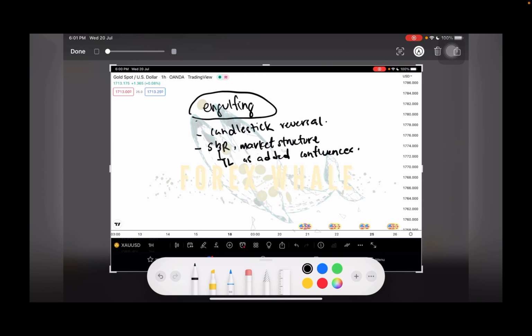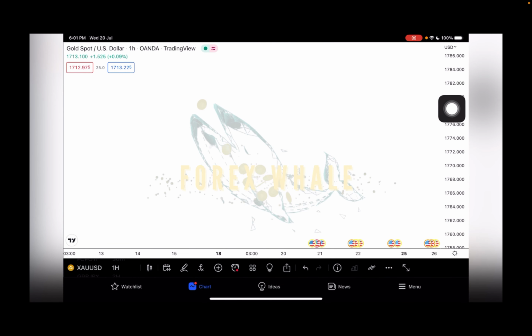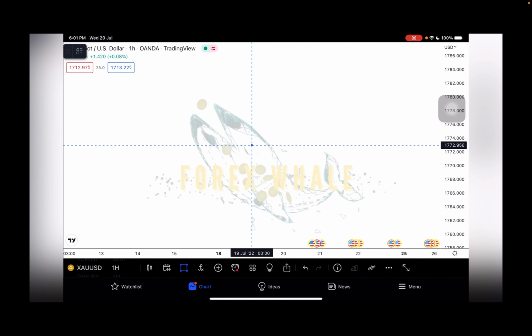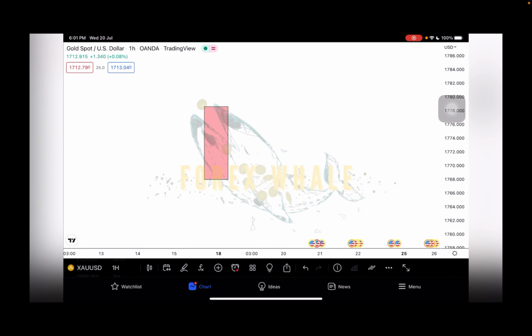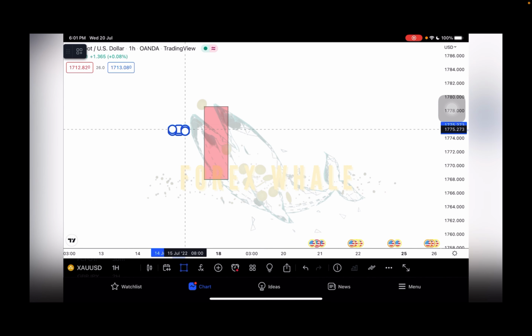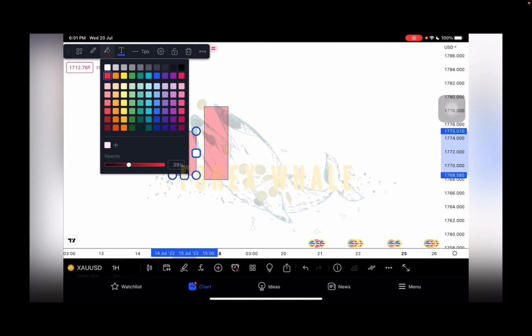First of all, I would like to show you the formation of an engulfing. An engulfing would look something like this. Give me some time to draw this candlestick first. First you'll see this, and then you will see another candlestick, which will be in green.